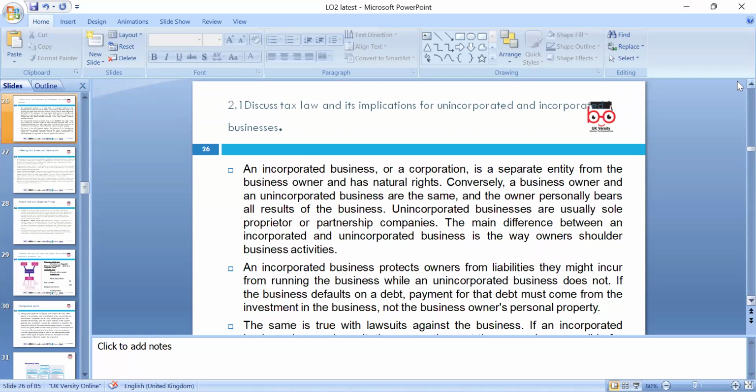A corporation is a separate legal entity, has its own credit scoring and its own legal formalities, which follow the Companies Act 2006, and the corporation tax rate is 19% or 25%. We can compare sole proprietors and partnerships with companies. The main difference is that unincorporated can be sole trader or partnership, and incorporated can be companies. The payment of the debt must come from the investment of the business and not from the business owner.